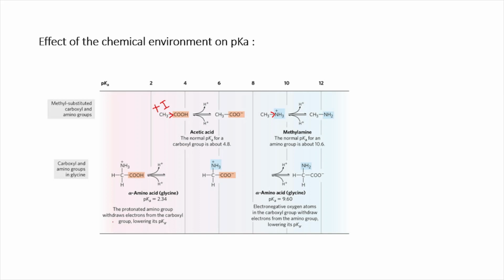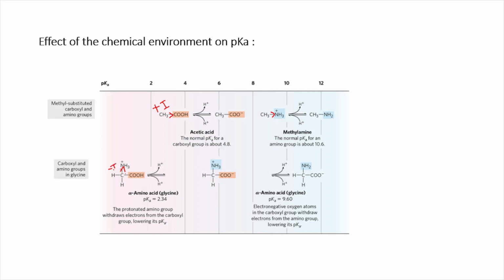But in case of an alpha amino acid, it has been observed that the pK values are somewhat different from the pK values of any other acid or base. Why? Because this CH2 group has a plus I effect, but this NH3 group has a strong minus I effect.